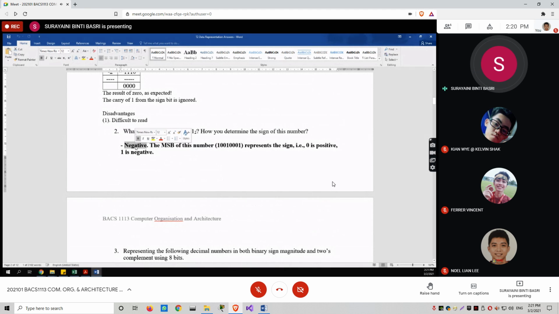For example, if you only answer by looking at the MSB of this number, you can get 1 or 2 marks.